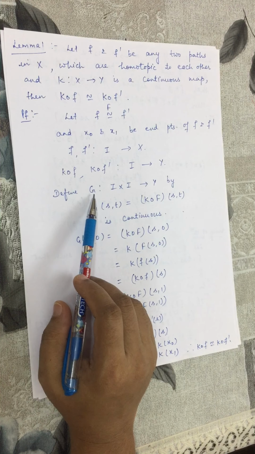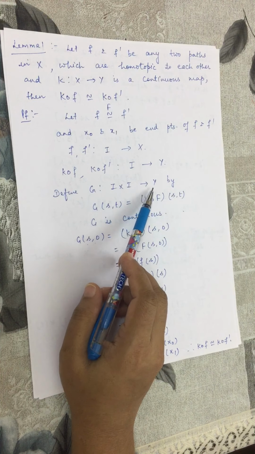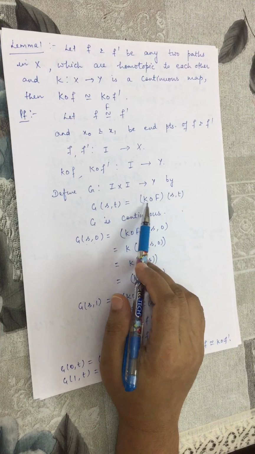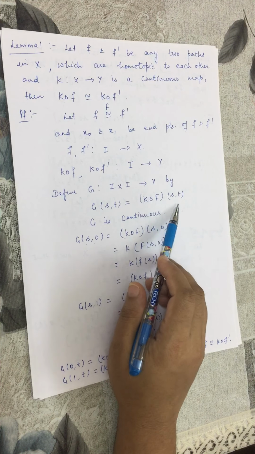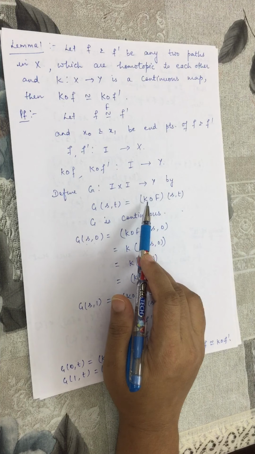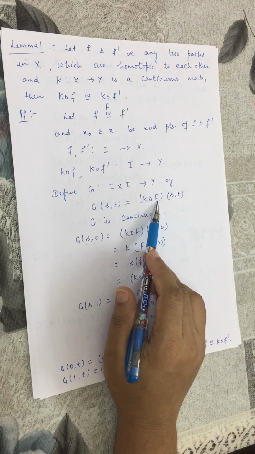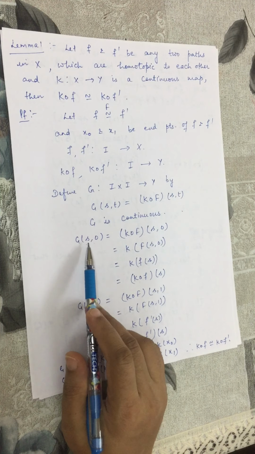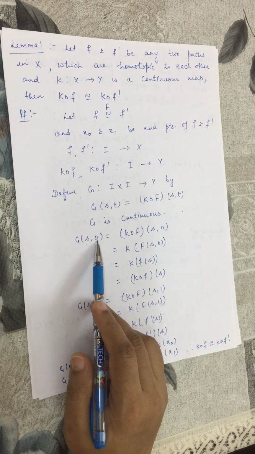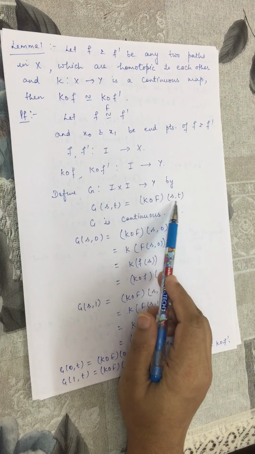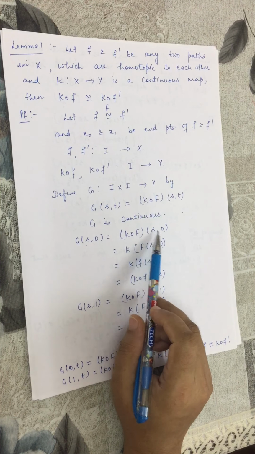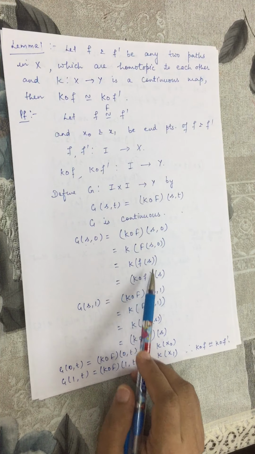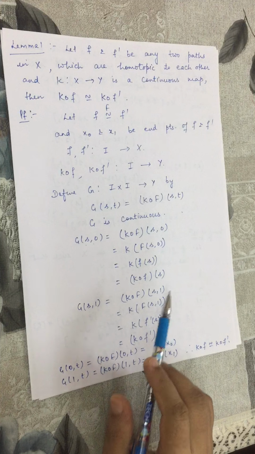So we define a mapping G from I cross I to Y by G at (s,t) is k circle capital F at (s,t). Now both the mappings k and F are continuous, so their composition is also continuous. G at (s,0) is k circle F at (s,0), and F of (s,0) is small f of s, so k of f of s, which means k circle f at s.